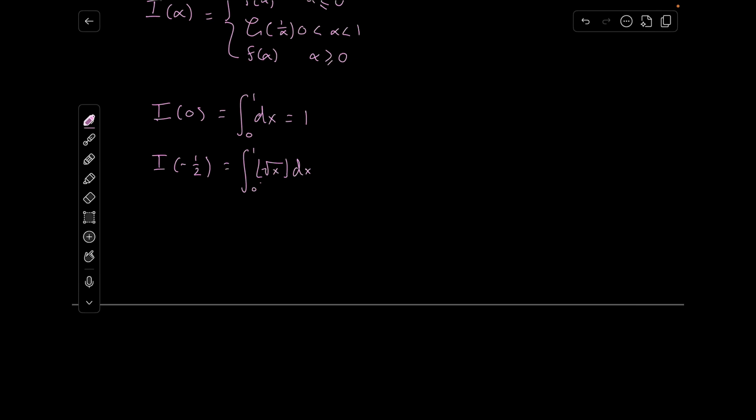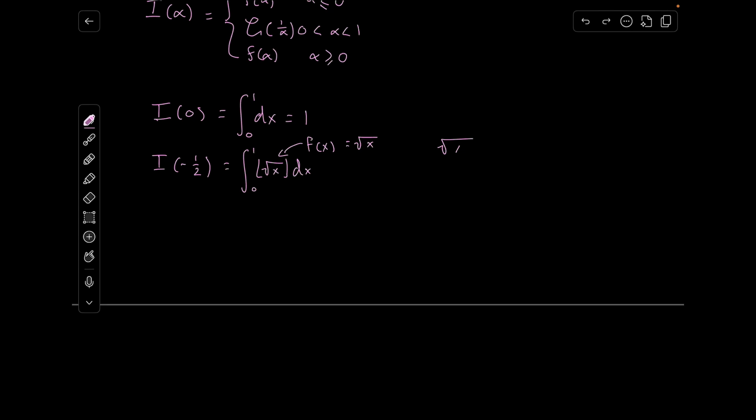But let's think about this. The floor function is going to be 0 for all, because think about this. Let's call this function f of x. That function is f of x, the square root of x between 0 and 1.